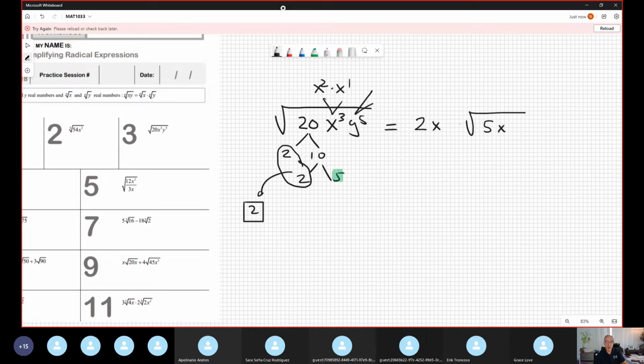And y to the 5th power is y to the 4 times y to the first, because I try to find an even number. Why an even number? Because we are working with the square root, and we have an invisible 2 here. So the even number close to 5 going down is 4, times y to the 1 power. And 4 divided by 2 is y squared outside, and one y stays inside.